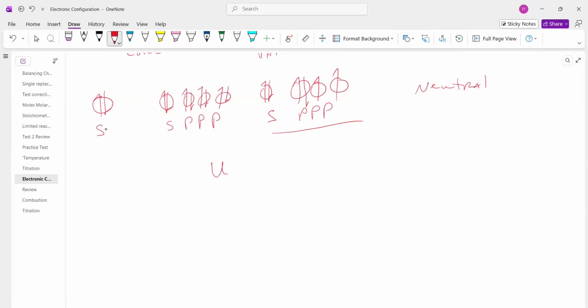Uranium. 92 electrons to account for. Let me show you what the electronic configuration looks like for those 92 electrons.